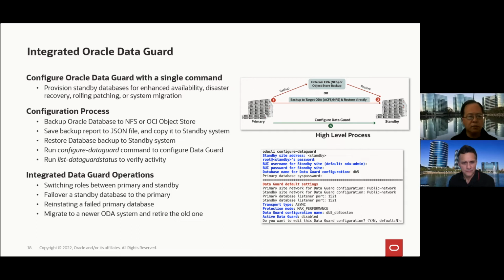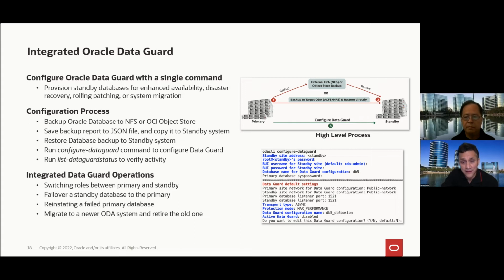Another integrated function is Oracle Data Guard. This is also very important. So Carlos, maybe you want to talk a little bit about this process. Yes. So on the right-hand side, you can see what is the high-level process, right? Number one is from the primary Oracle Database Appliance, you need to create a backup.